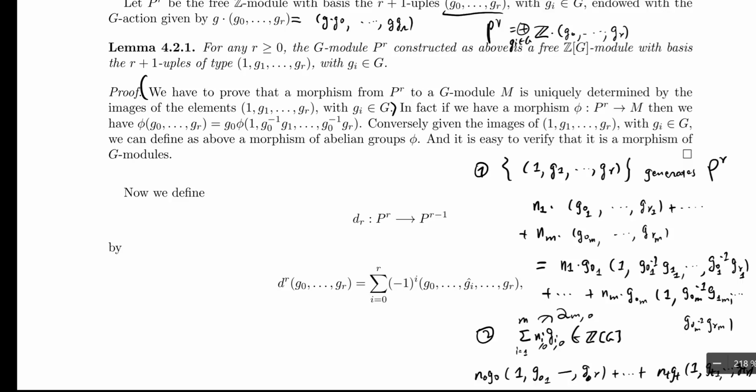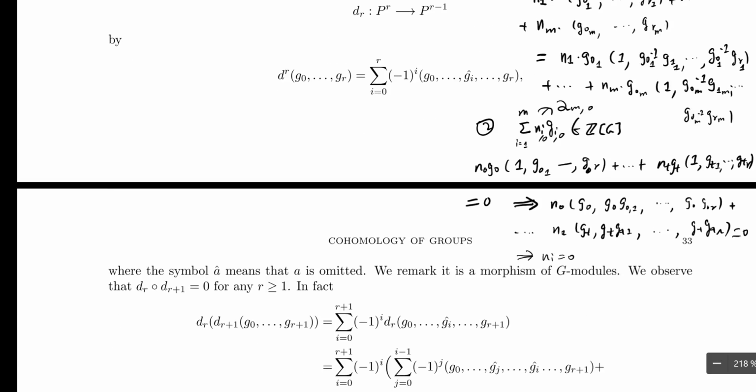If I define a reasonable differential, it gives you a resolution, by defining this as a summation with a plus or minus sign depending on the position of the element that is ignored.